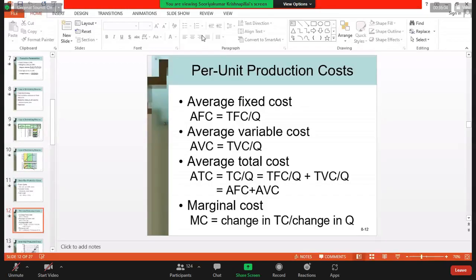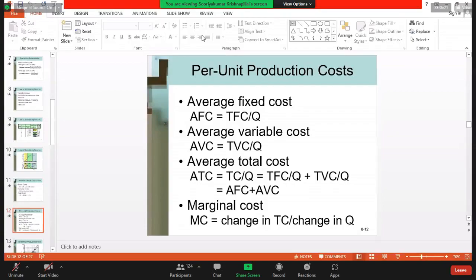Fixed cost will not change. With the output, the variable cost changes, and the total cost is the summation of total fixed cost and total variable cost.